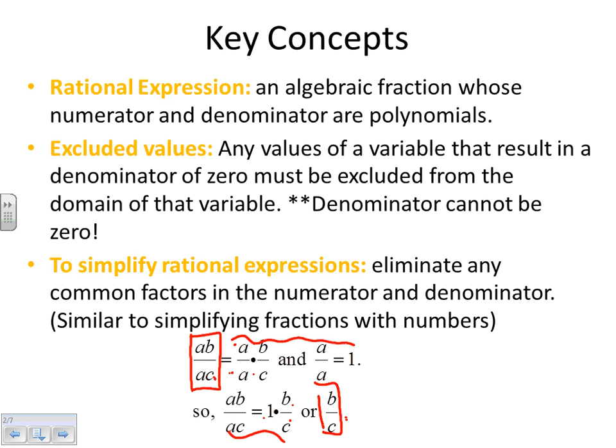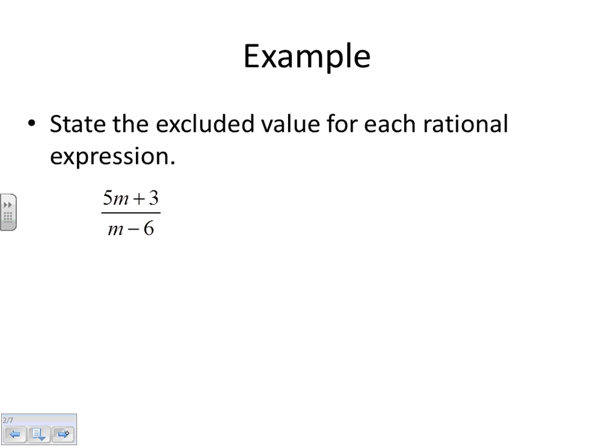But what I want us to know is that a fraction like A over A is the same thing as saying 1, and that's going to be important for us later.